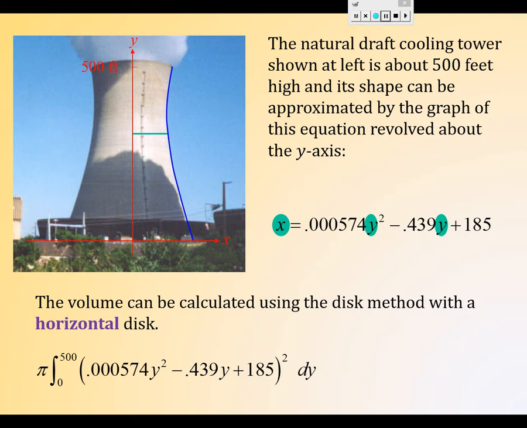Some people call this the disk method. If you want to call it that, that would be a fine way to call it too. And I think you can see why. So we'll generate other solids using other methods in the coming days. And you have new power in your life, I hope you see.